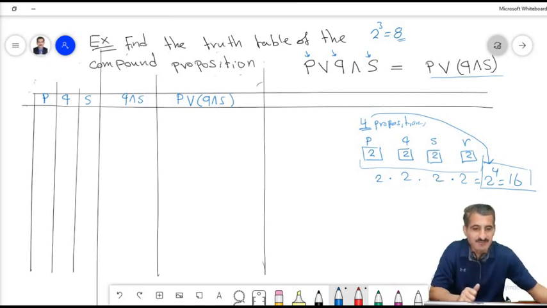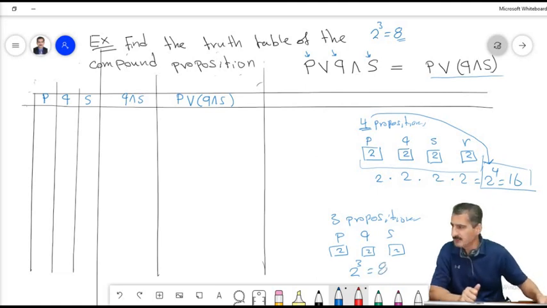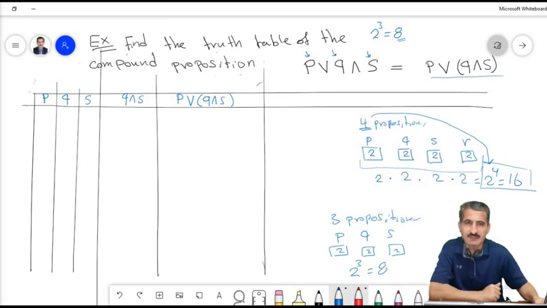When we have 3 propositions, say P, Q, and S, then we have 2 cases for each one of them. So we'll have 2 times 2 times 2, that means 2 to the power 3, so we have 8 cases.